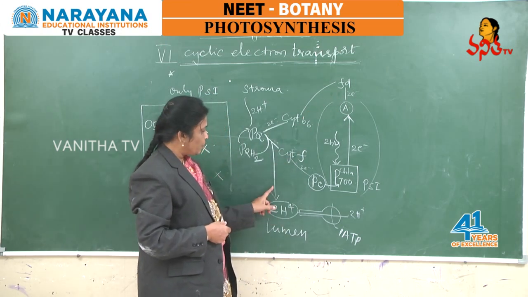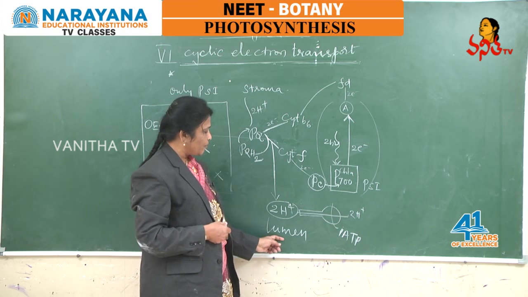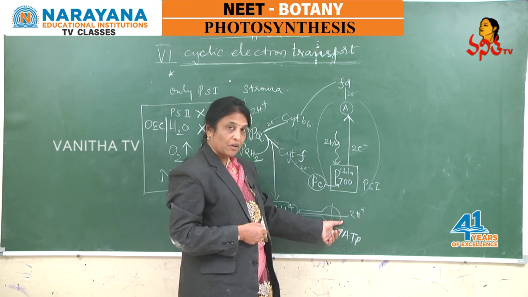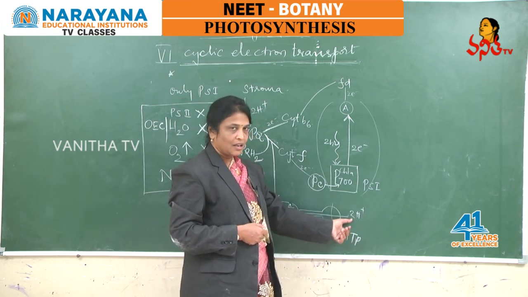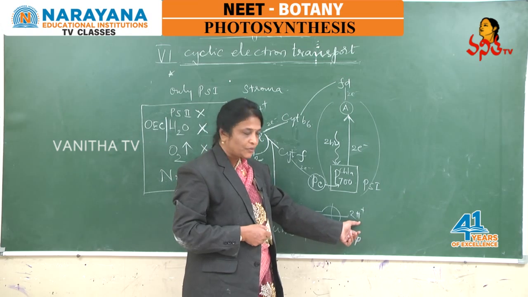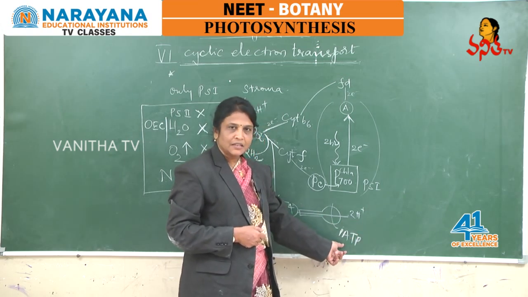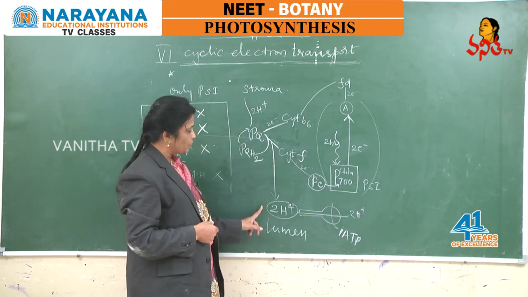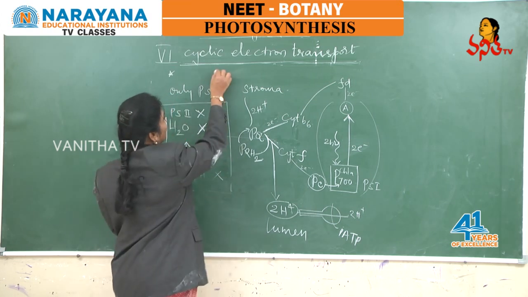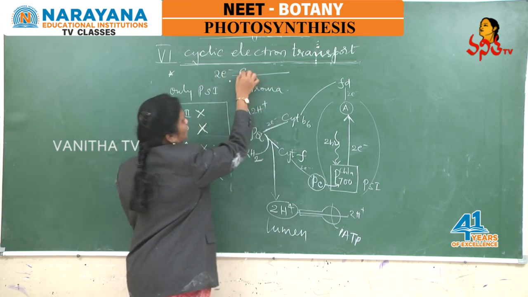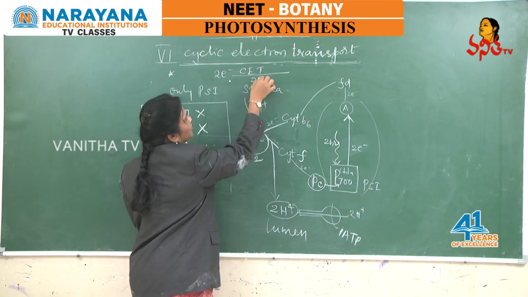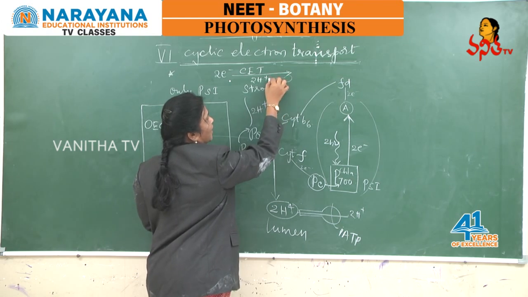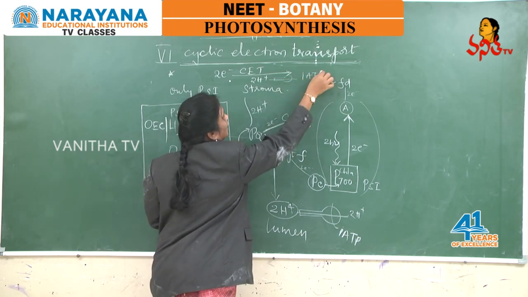And here the 2 protons which are channeled from stroma to lumen later pass through coupling factor and are again added to stroma according to Peter Mitchell's chemiosmotic theory. The energy liberated by the translocation of 2 such protons is utilized for the synthesis of 1 ATP. So we may estimate the energetics of cyclic electron transport as a pair of electrons involved in cyclic electron transport cause the translocation of 2 protons, which are channeled through coupling factor and cause the synthesis of 1 ATP.